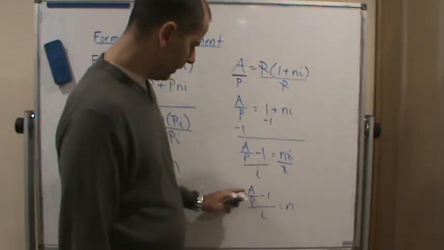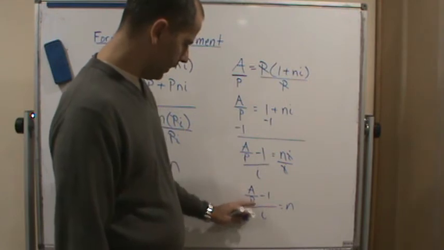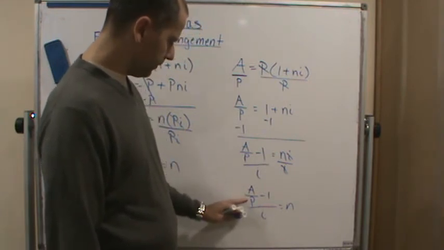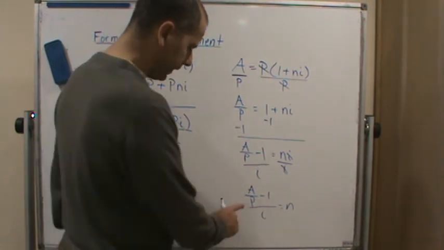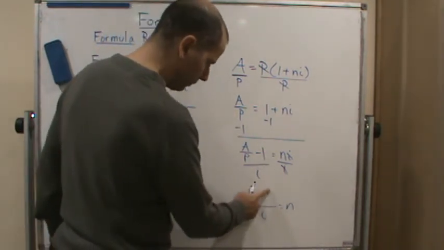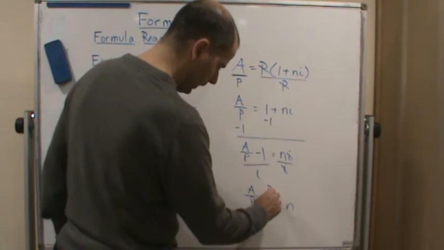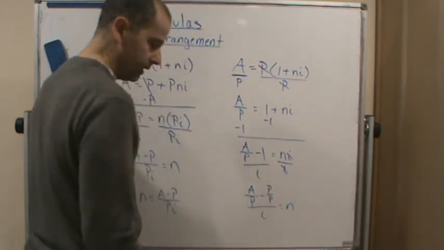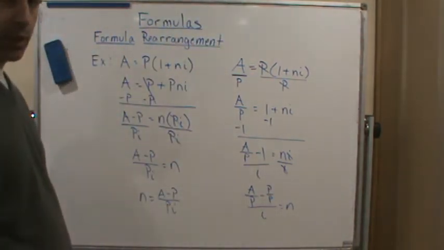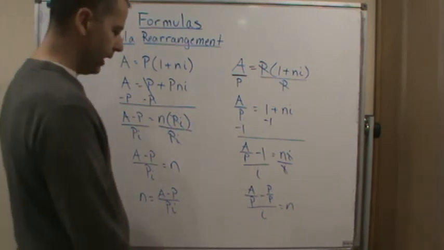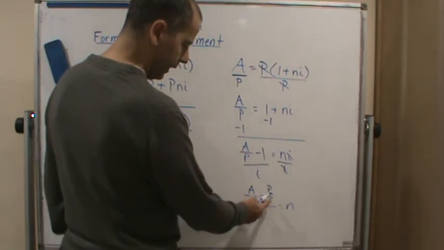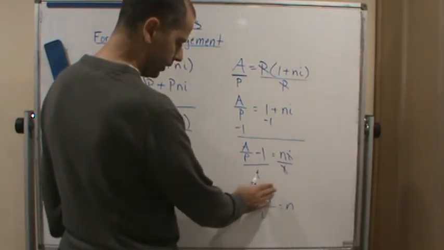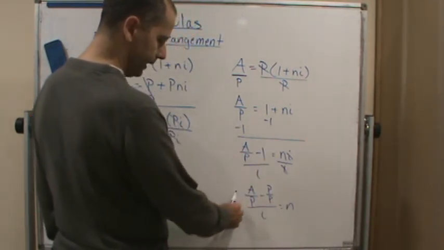Well, on the top here, this is a complex fraction, so let's simplify this. Let's get this to have a common denominator. I can get a common denominator by replacing the 1 with p over p, right? Because p divided by p is 1. So then I get a common denominator, and I can combine the top and keep the bottom.